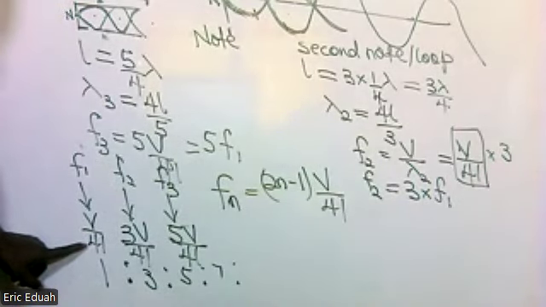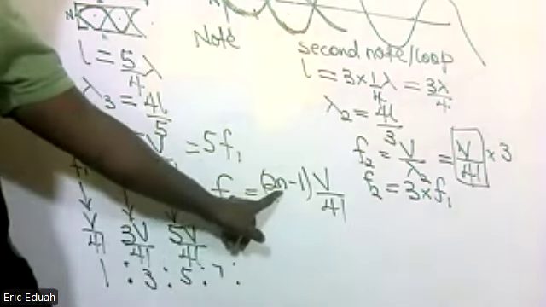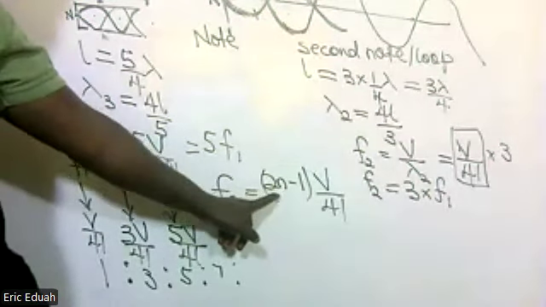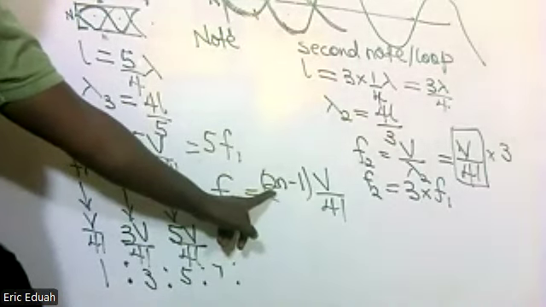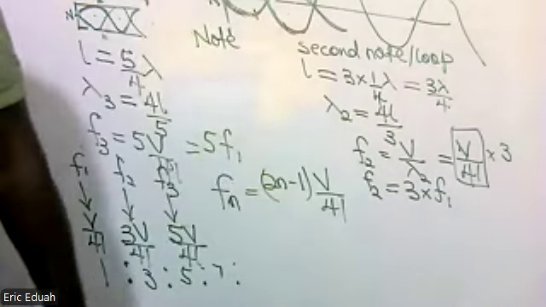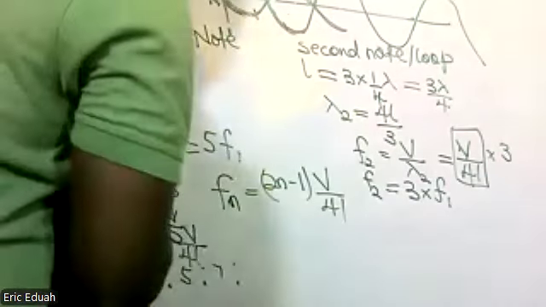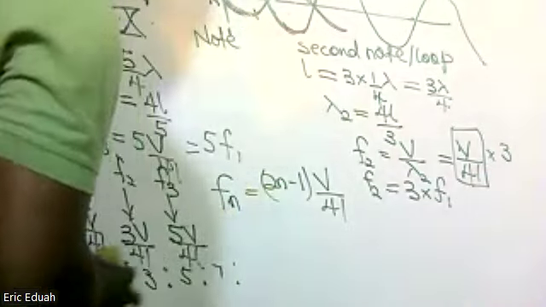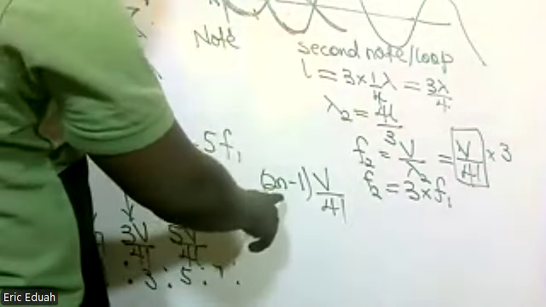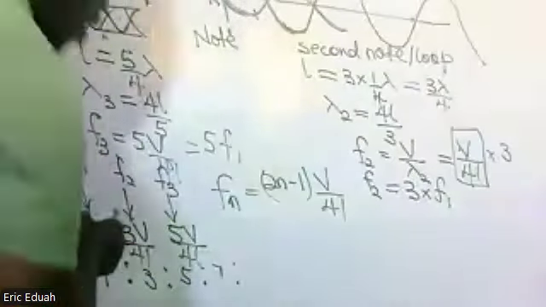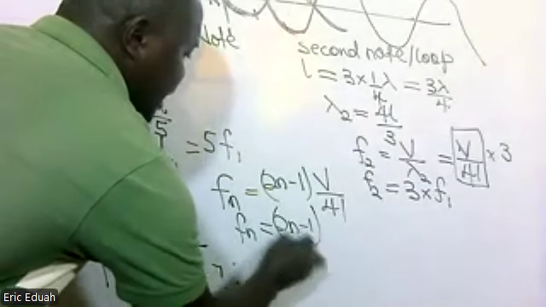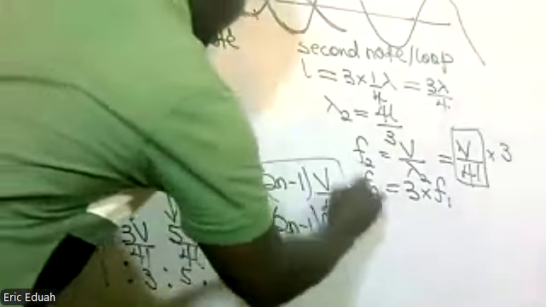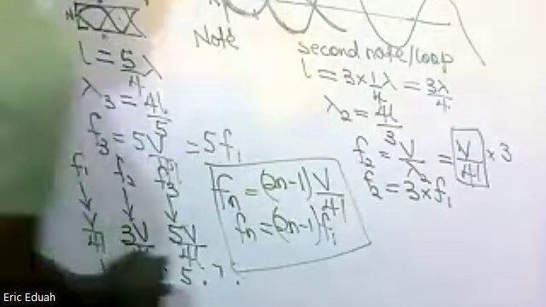It fits the first one. If n is 2, we have 3V on 4L, which is right. If n is 3, 5, so this is correct. So it means that the nth harmonic, Fn, is equal to 2n minus 1 times F1. This will be the expression for the nth harmonic.